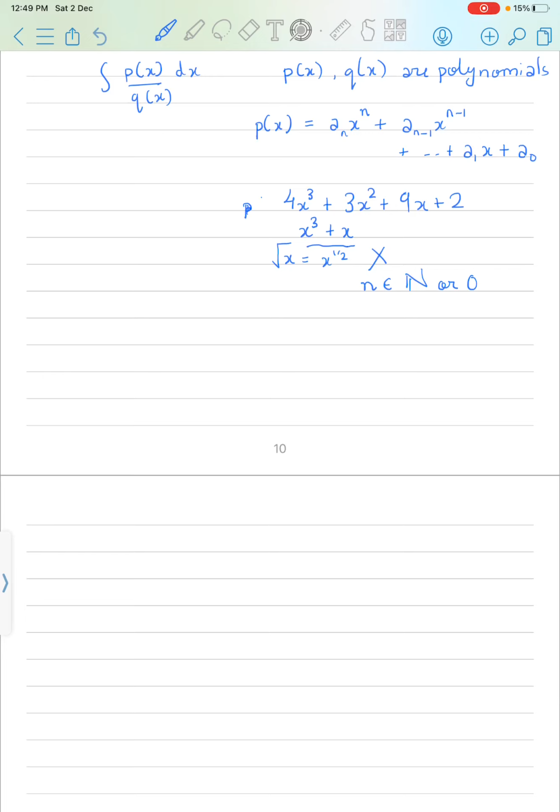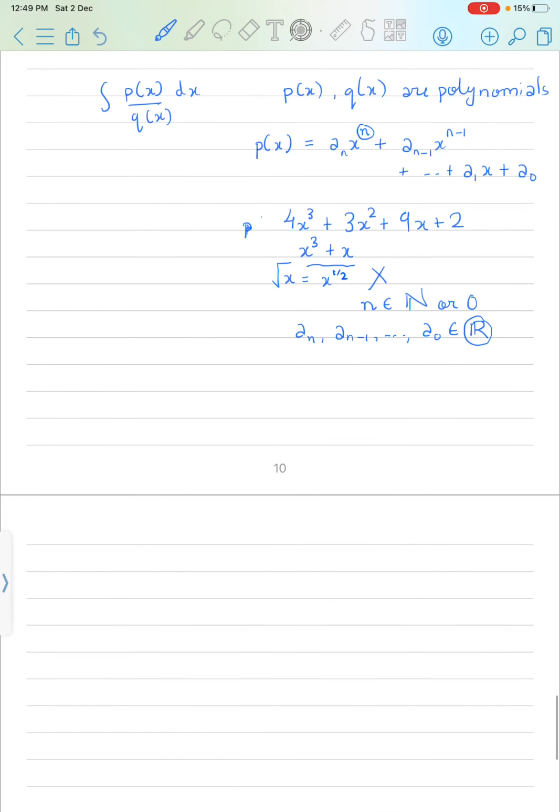But half is not a natural number. So this n belongs to natural numbers or 0, and a_n, a_(n-1) till a_0 belong to real numbers. This is the symbol for real numbers. So this is the definition of a polynomial.